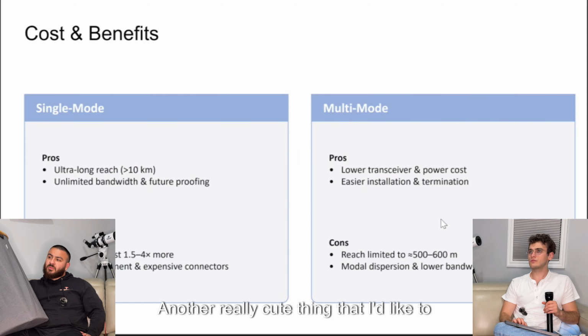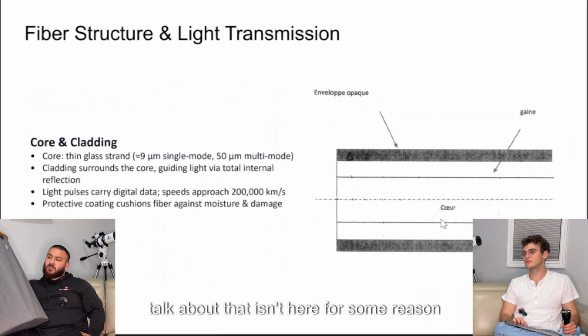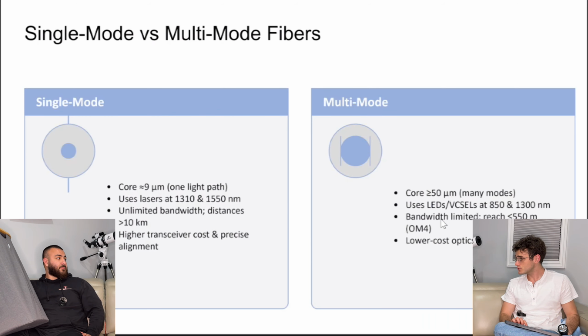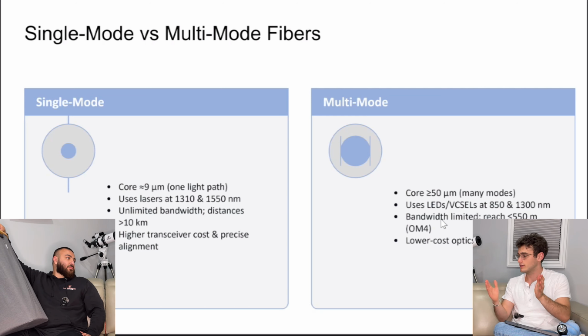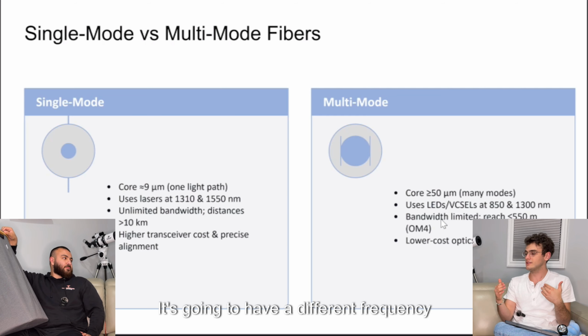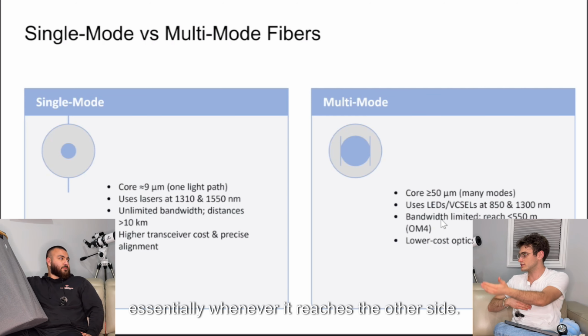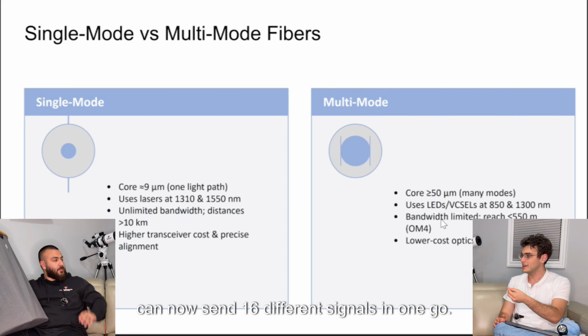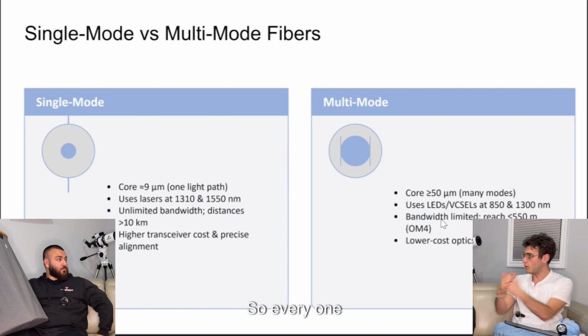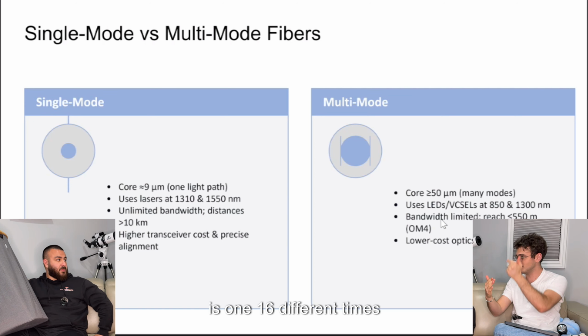Another really cute thing that I'd like to talk about that isn't here for some reason is that light travels in different wavelengths. You could make it blue, make it red, make it yellow. It doesn't care. It's going to have a different frequency whenever it reaches the other side. With that, this one line of fiber optic can now send 16 different signals in one go, in 16 different channels.